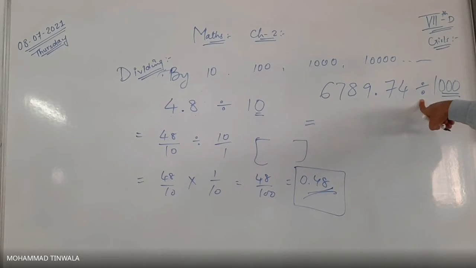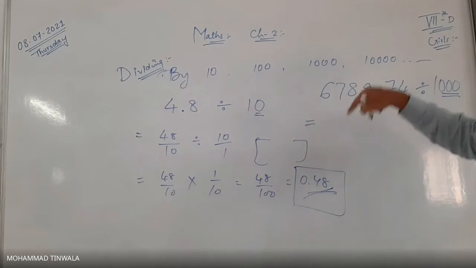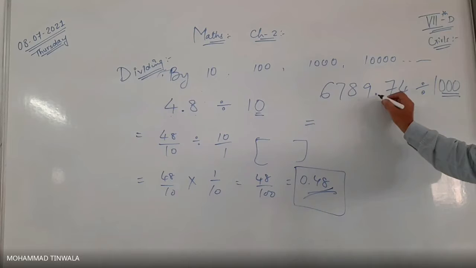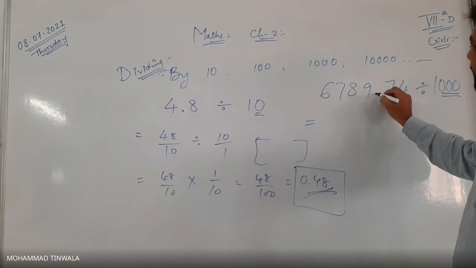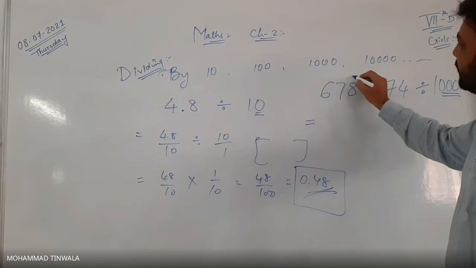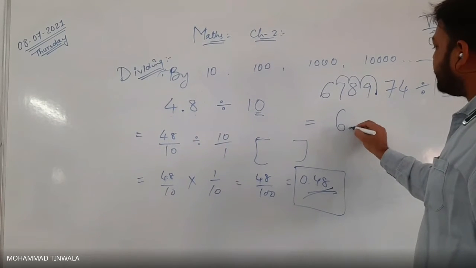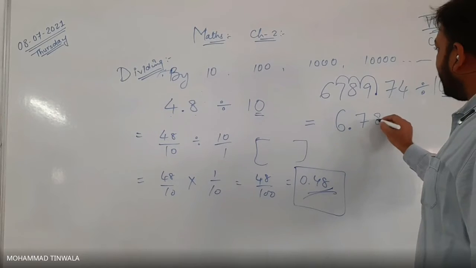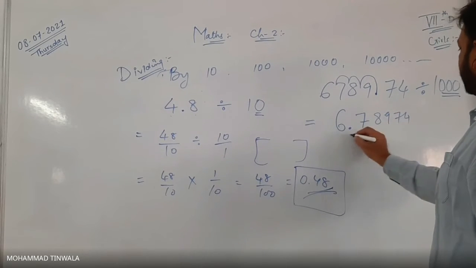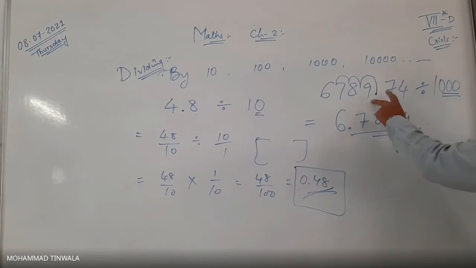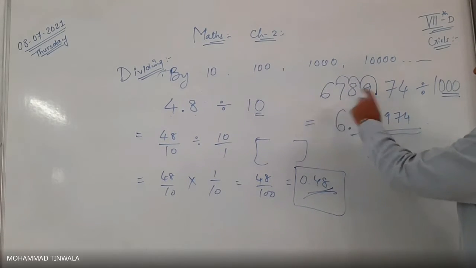So from the place where we have the decimal, will we move towards the right side or left side? Left. So from the place of the decimal, we will move 3 steps because we have 3 zeros. So the decimal will be shifted to give 6.78974. This will be your answer. The decimal between 9 and 7 will be shifted to between 6 and 7.